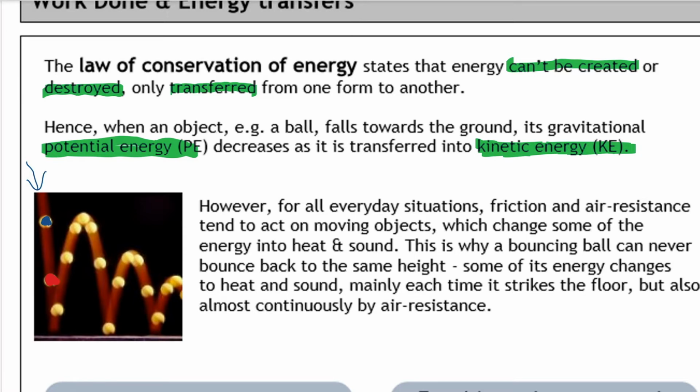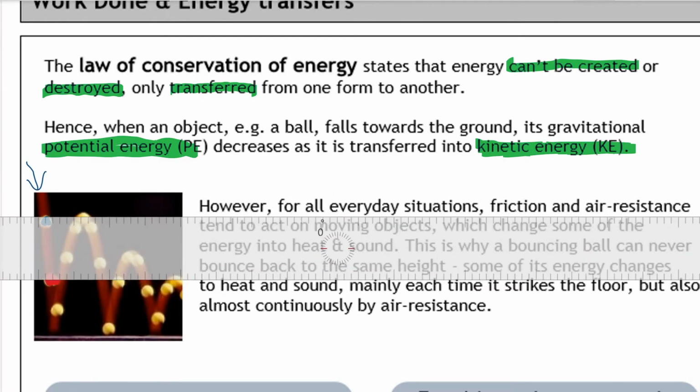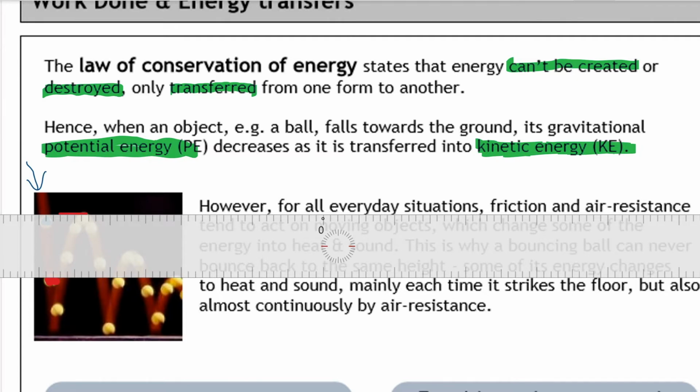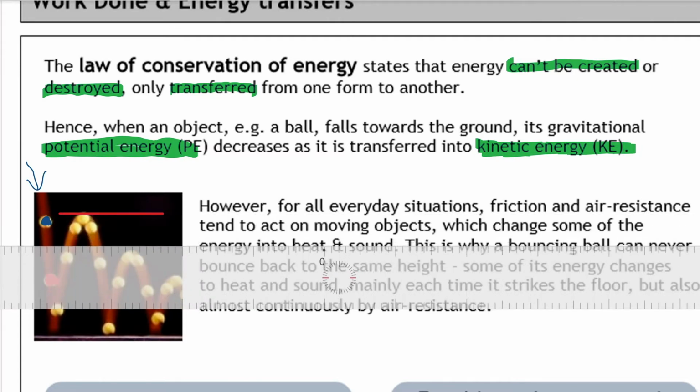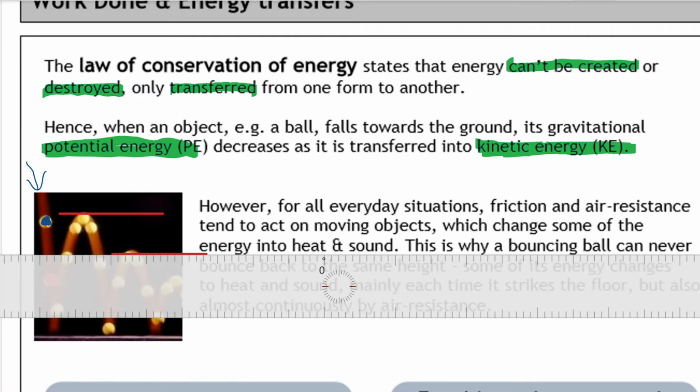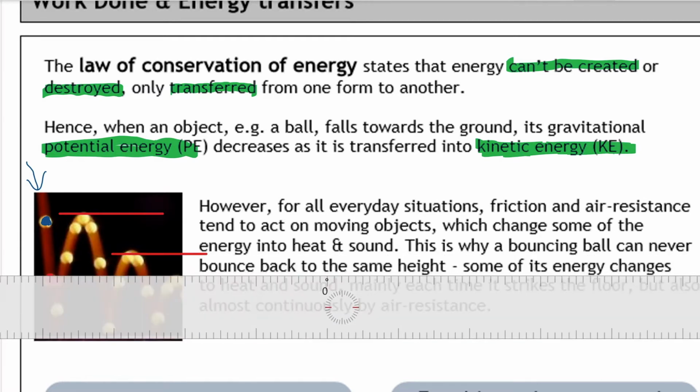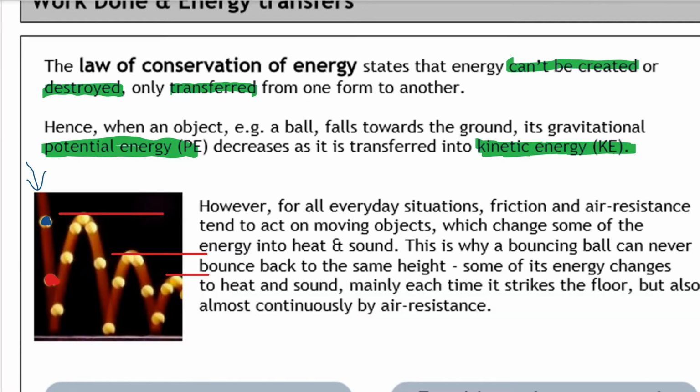However, for everyday situations, friction and air resistance tend to act on a moving object. That is why, if you look at the bounce of this ball, if I get a ruler and show the height of this bounce and compare it to this bounce and this bounce, you can see that the ball is bouncing a little bit less each time and will, as we know, eventually stop bouncing and remain stationary or at rest on the floor.